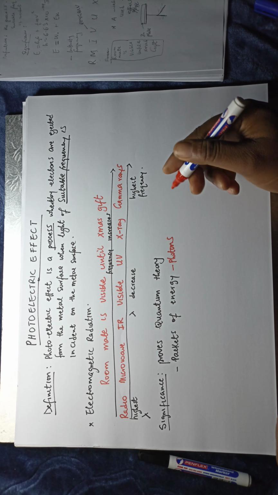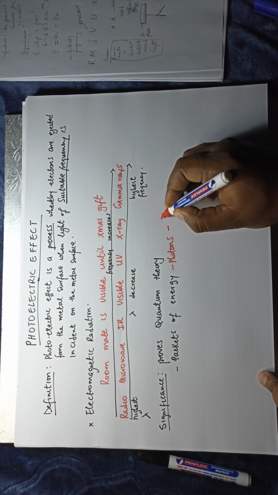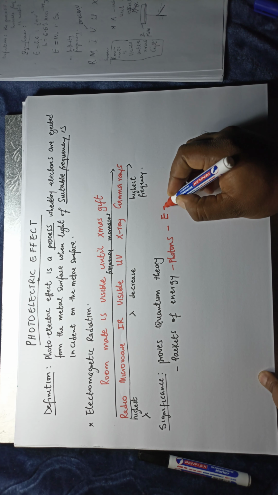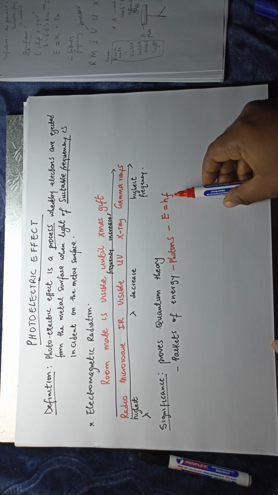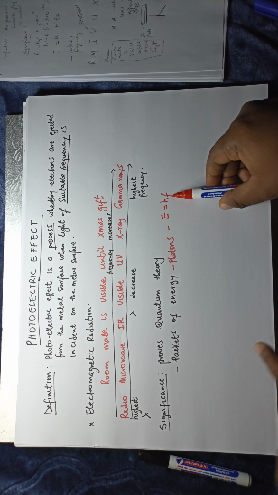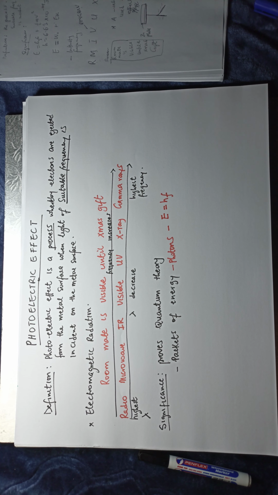And we can easily calculate the energy each of those quanta has if we know their frequency. If you remember our electromagnetic radiation spectrum, once the frequency is known, we can easily calculate the energy.